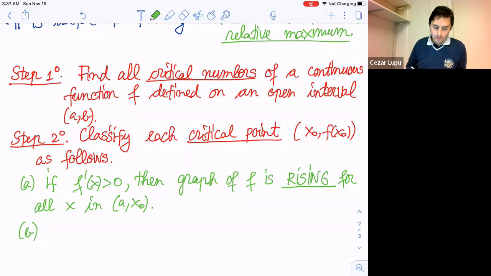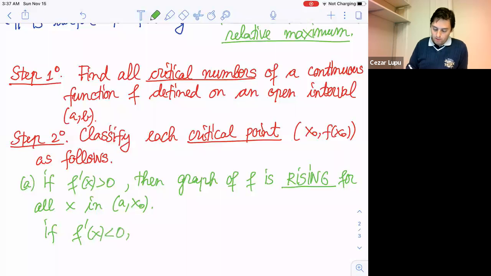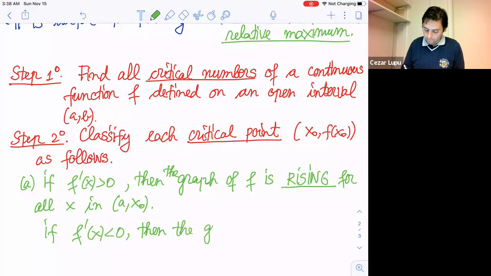Now b, well, wait. We also have, in fact, let me write it. So we have this situation. So if f prime of x, okay. Now, if f prime of x is less than 0, then the graph of f is falling.